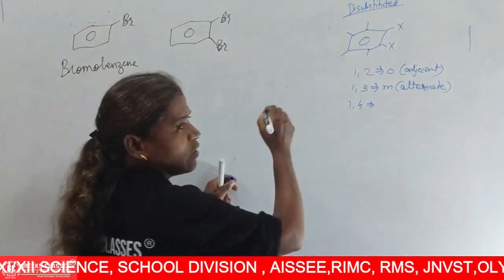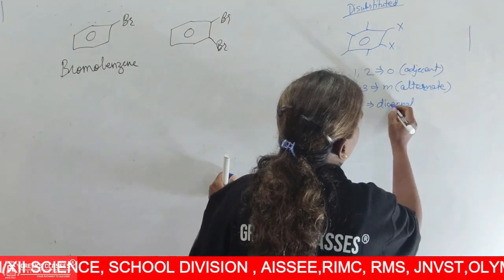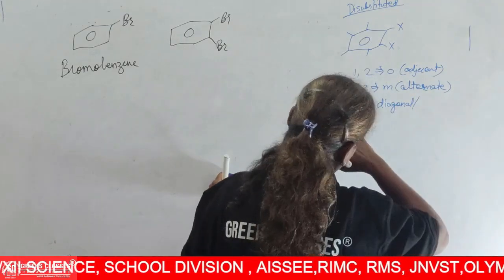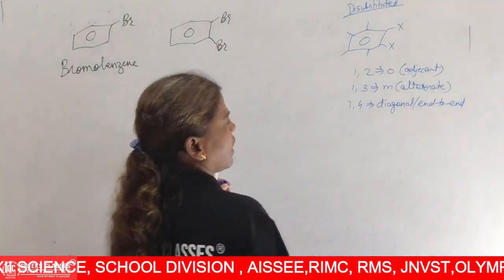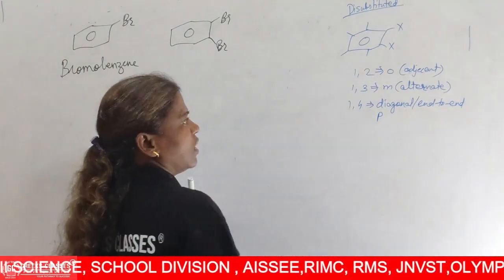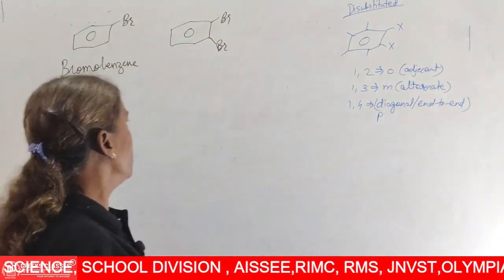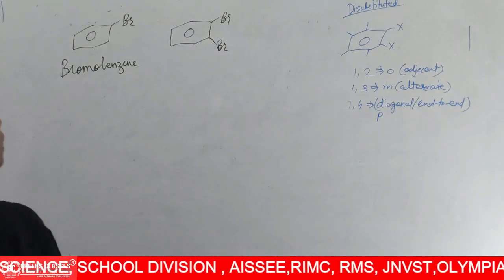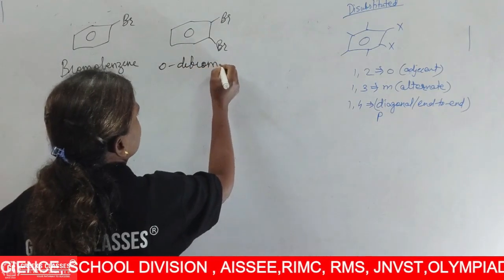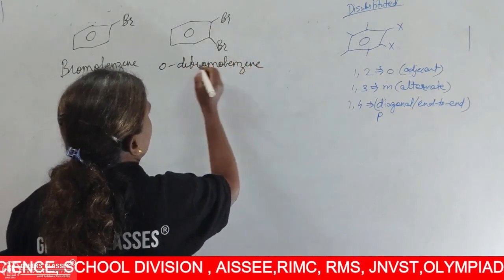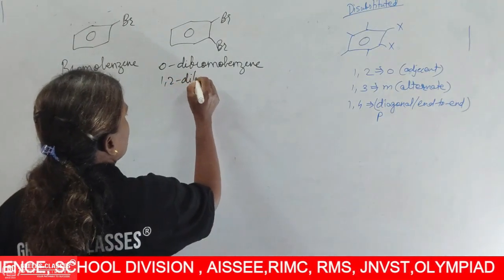And if it is end on, diagonal, or I would say end to end, then that is para, shown as P later. Now over here the substituents are on neighboring carbons, so it will be ortho-dibromobenzene, or we may also say 1,2-dibromobenzene.